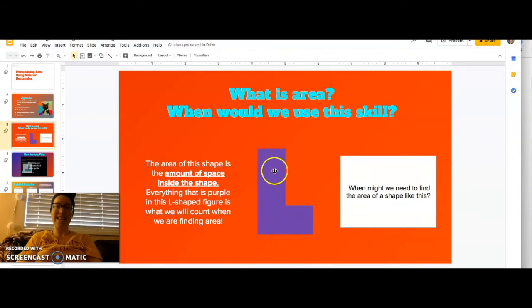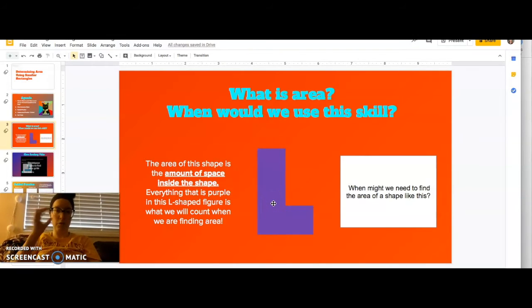Area is the inside of a shape. So say that to yourself. Perimeter, outside. Area, inside. Right? If you want to do it with your hands, you could say perimeter, outside. Area, inside, like you're shading in the inside.